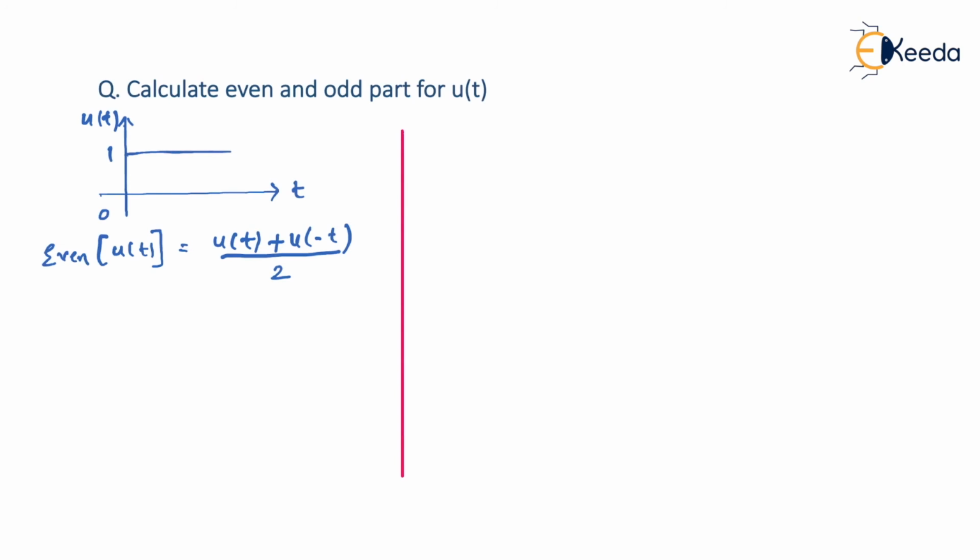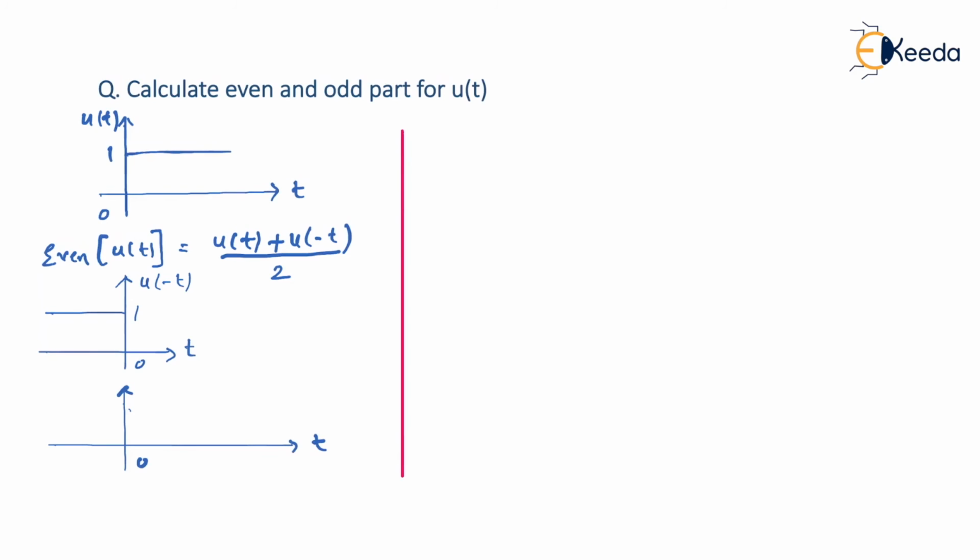We already have u of t. Let us plot u of minus t. U of minus t is just a time reversal version of u of t. So now u of minus t is 1 on the left hand side, and on the right hand side it is 0. Between these two signals we have to do summation.